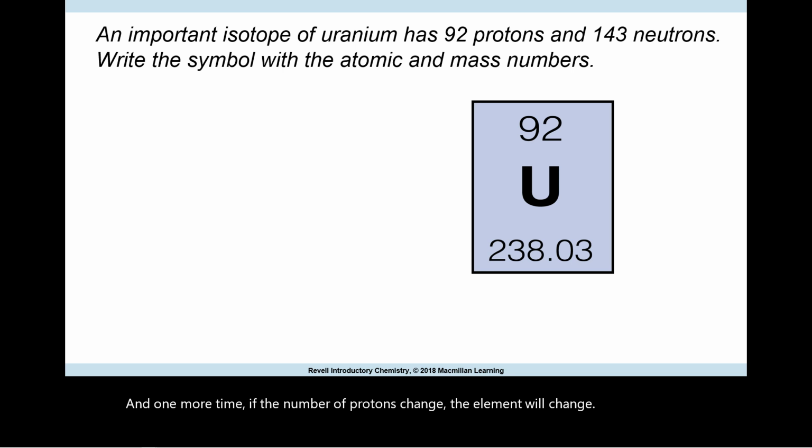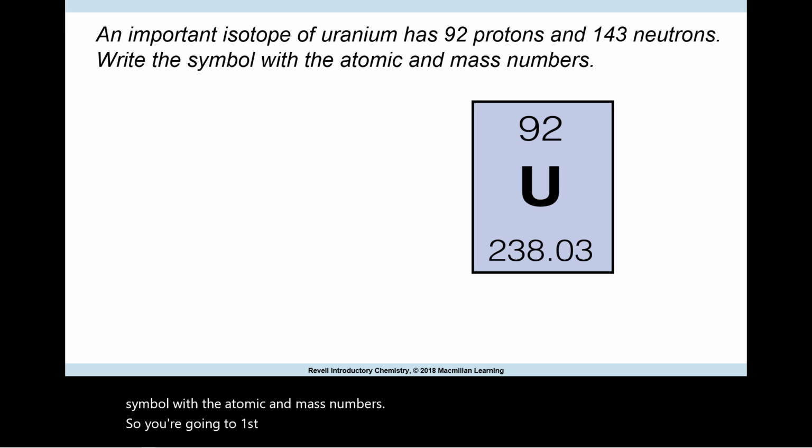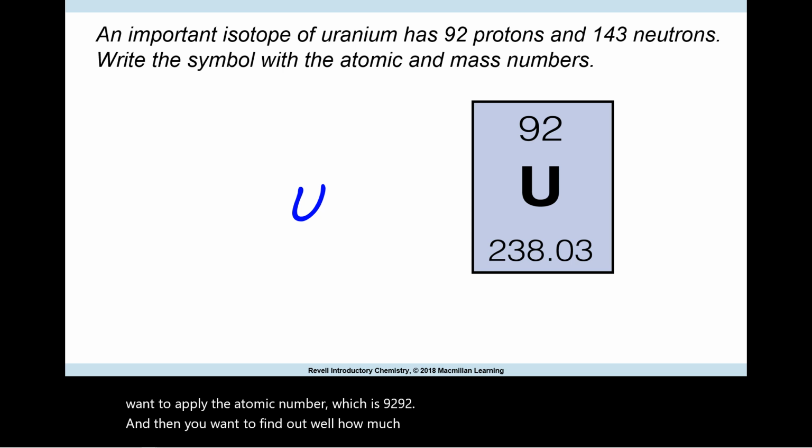Okay, here we go. An important isotope of uranium has 92 protons and 143 neutrons. Write the symbol with the atomic and mass numbers. First, start with the atomic symbol, which is U. Uranium is with a U. You want to apply the atomic number, which is 92. And then you want to find out how much it is going to weigh.